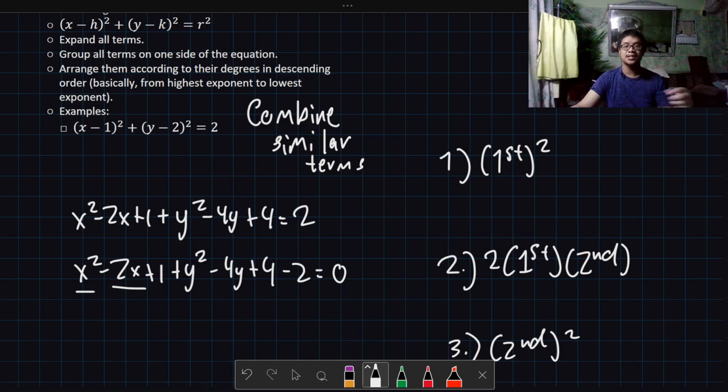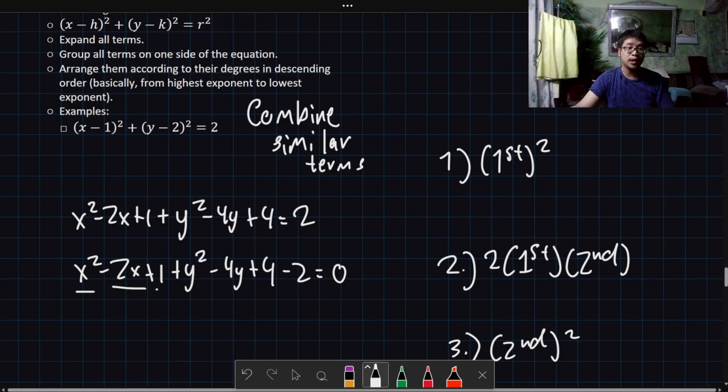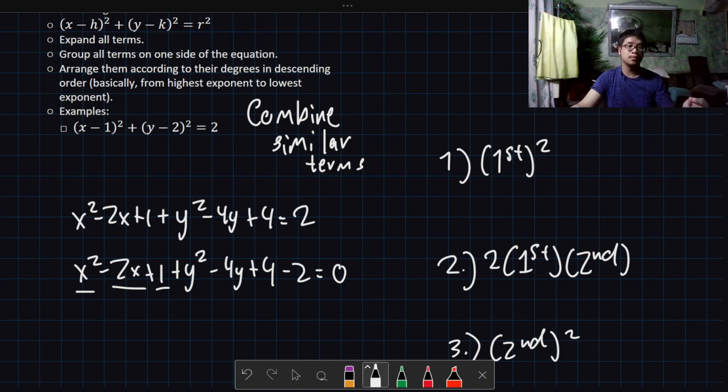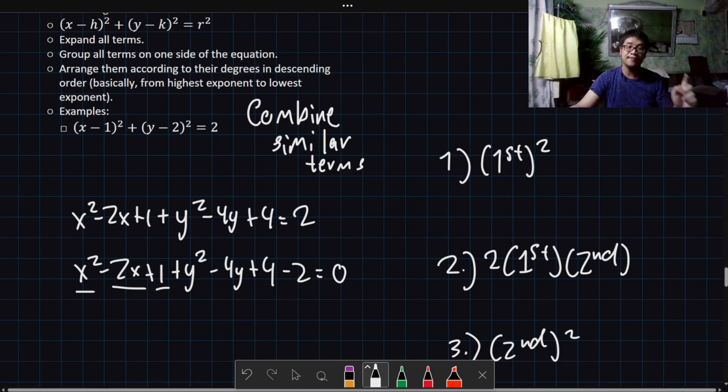Negative 2x: are there any terms that have x only, just like negative 2x? None. How about 1? 1 is a constant term. Are there any other constant terms? Yes, because aside from 1, we have 4 and negative 2.